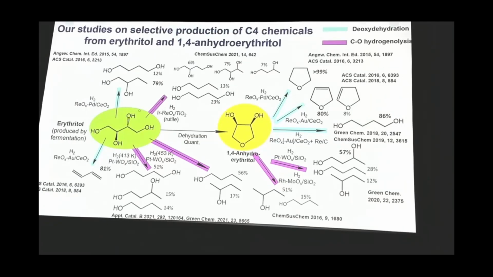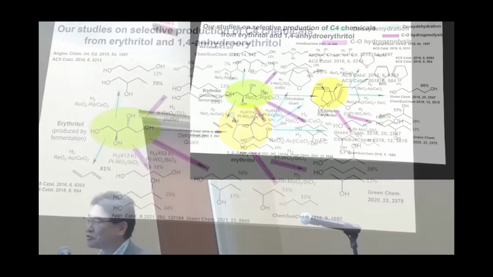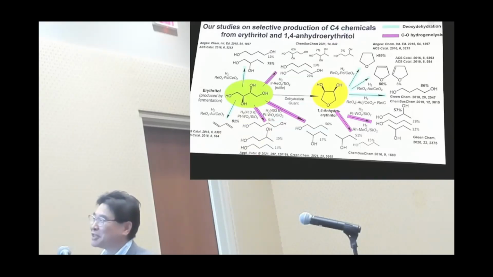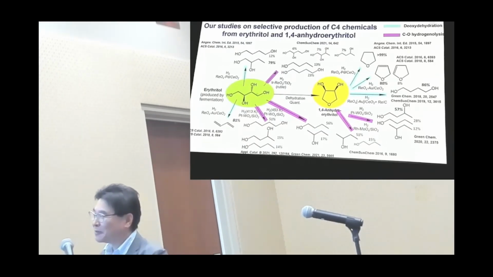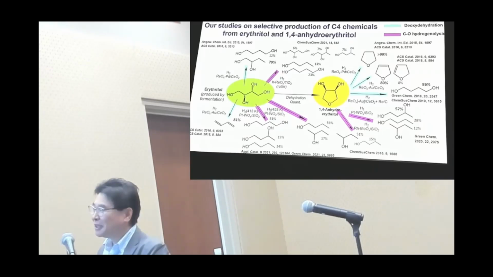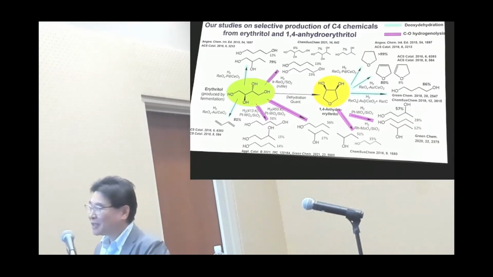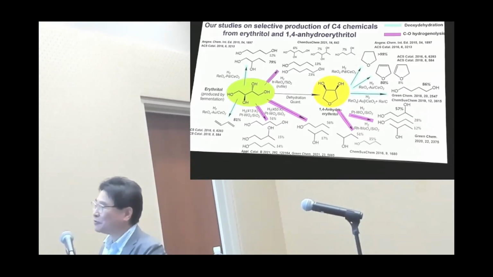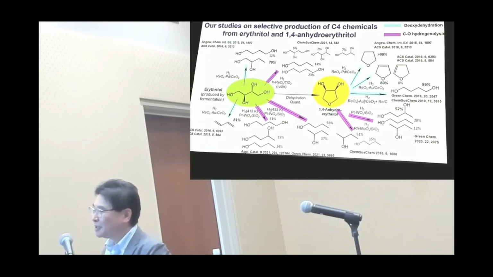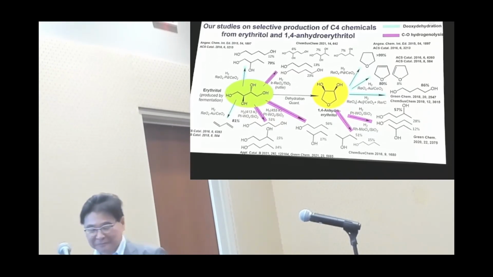A variety of chemicals can be produced. For example, the deoxydehydration reaction plus hydrogenation gives 1,2-butanediol in very high yield, and also, for example, monoalcohols, diols, butadiene, tetrahydrofuran, dihydrofuran, 1,4-butanediol, and so on.